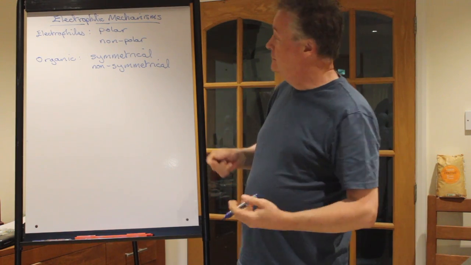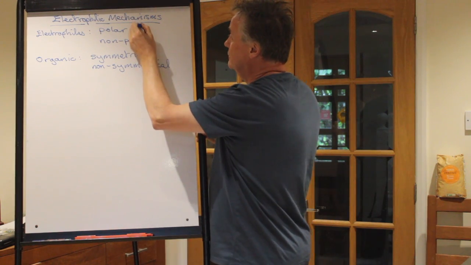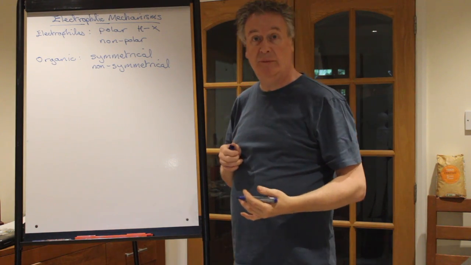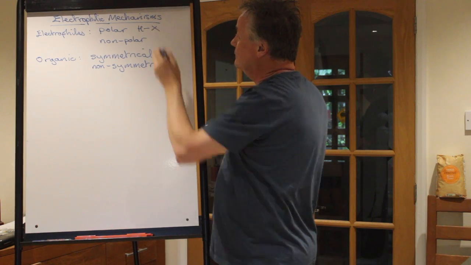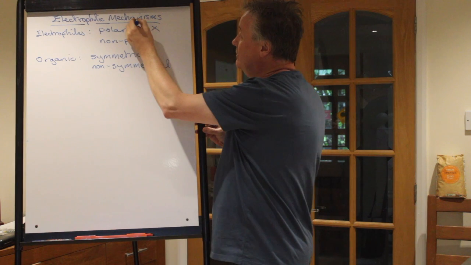So electrophiles, there are the polar ones, something like HX, where X could be Cl, Br or I. Now that means it carries a permanent dipole, delta plus and delta minus.